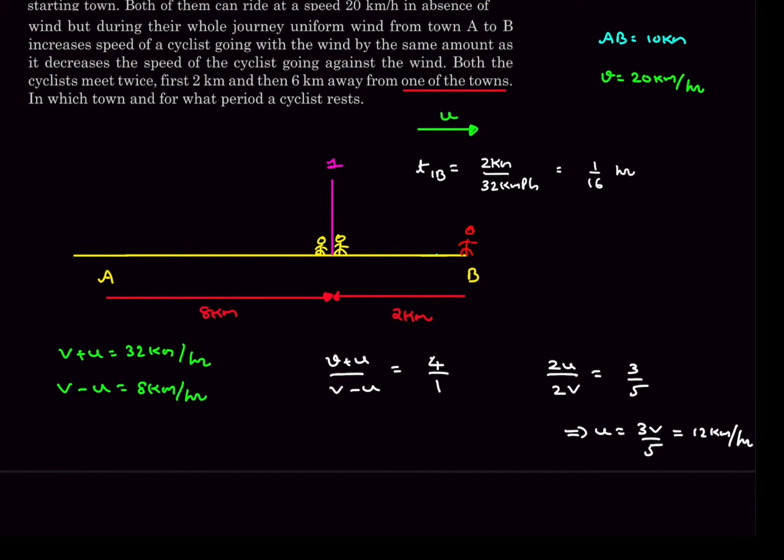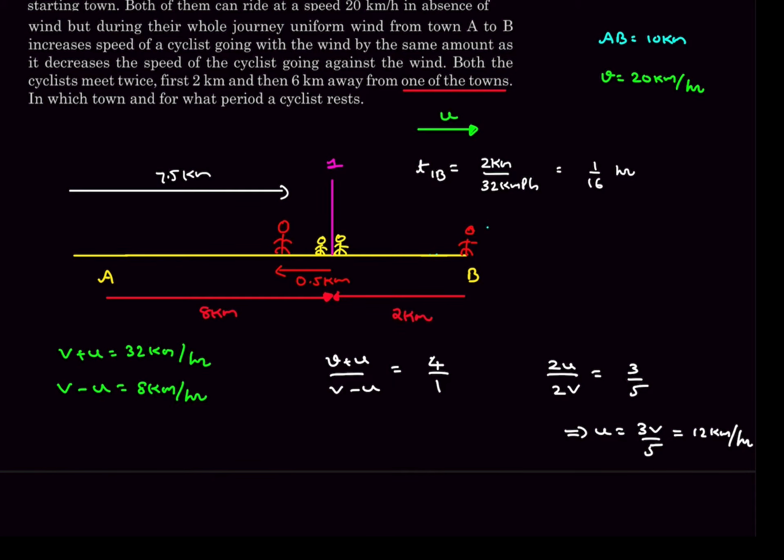Now as we know that their speed ratio is 4:1, if the first guy covers 2 kilometers, then this guy in the same time will only be able to cover 1/4 of that distance, which is 2 by 4, which is 0.5 kilometers, right? So by the time the first rider reaches B, the second rider would have only covered 0.5 kilometers from 1, which means he's still at a distance of 7.5 kilometers from town A. Okay, so when the first rider reaches B, this is the situation.